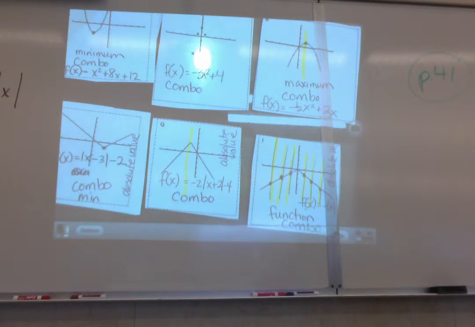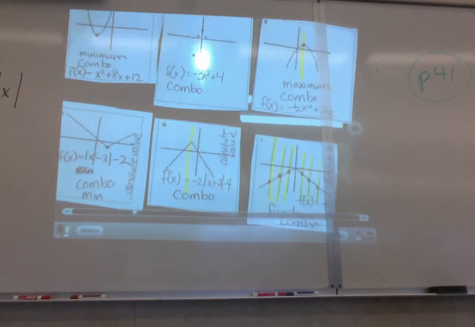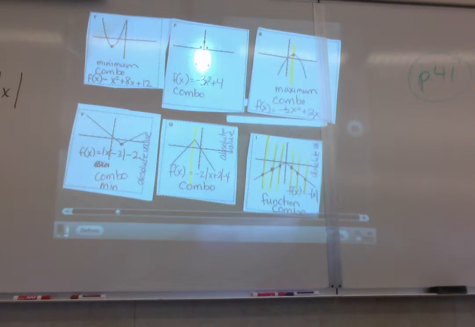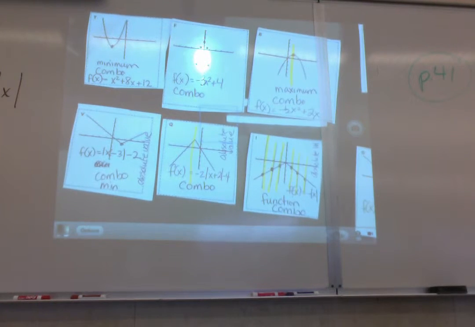Now I still have over here on the side, I just couldn't fit it on the little thingy there, two other functions, D and M. Who belongs in that family? D. Jackie says D. Do you agree with her? Does it have an absolute value in the function? Yeah.